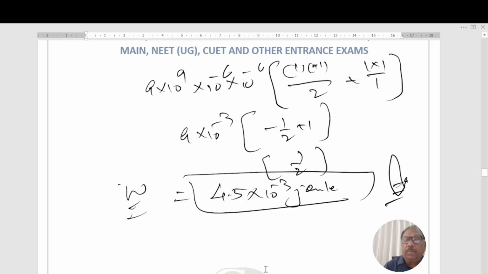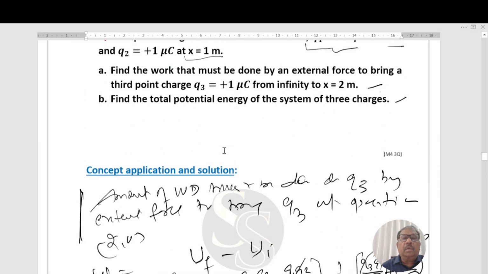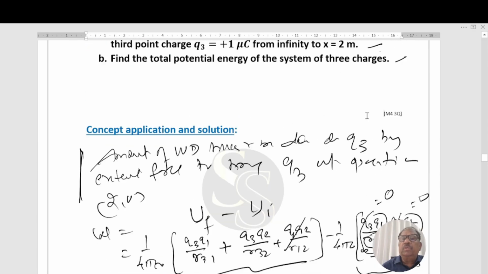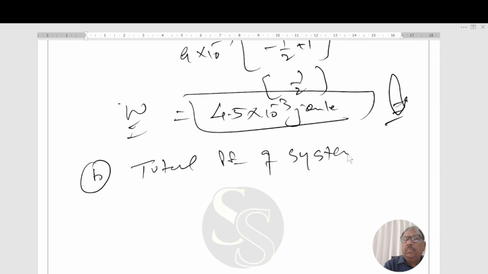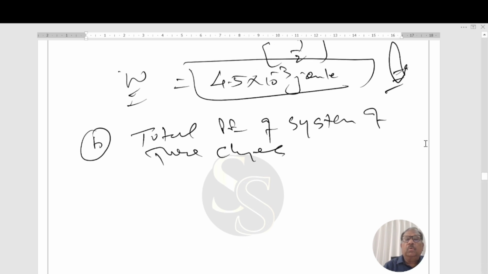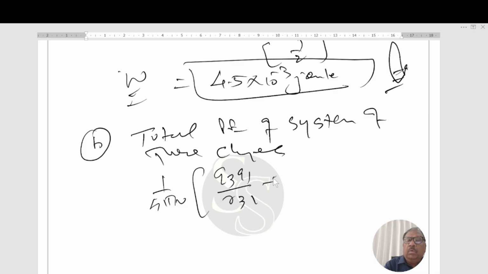Right? Now part B. Part B के लिए क्या करेंगे? Find the total potential energy of system of 3 charges. This comes out to be 1 over 4 pi epsilon naught, Q3 Q1 R31 plus Q3 Q2 R32 plus Q1 Q2 R12.